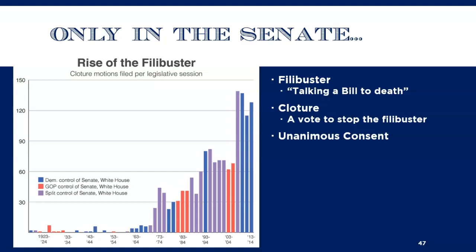It can suspend the rules and limit the debate, and it speeds up the process to get a vote. But they have to actually all vote on it. All 100 people have to vote on it to make it happen. They can just decide, hey, we're not going to talk about this. We know we're going to pass it, or we know we're not going to pass it. So they unanimously decide they're going to just move on and do the vote.